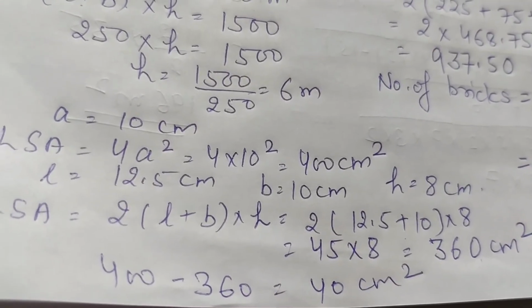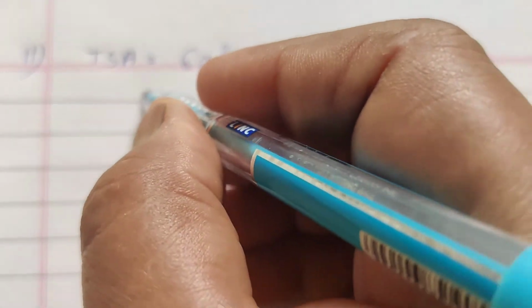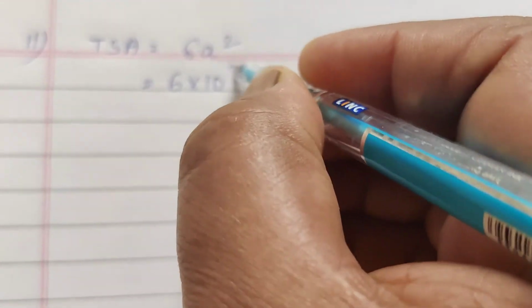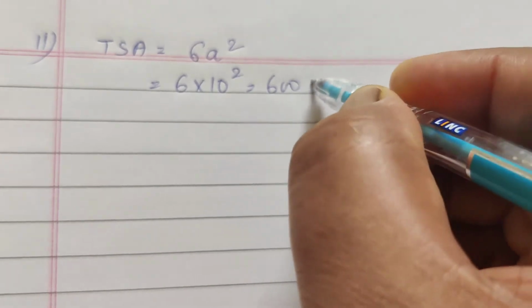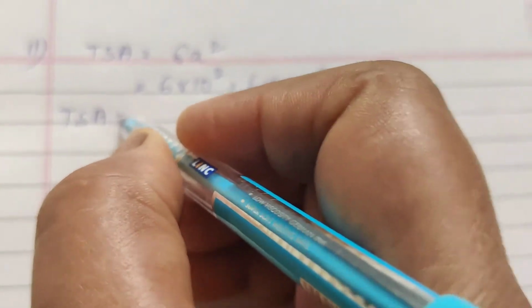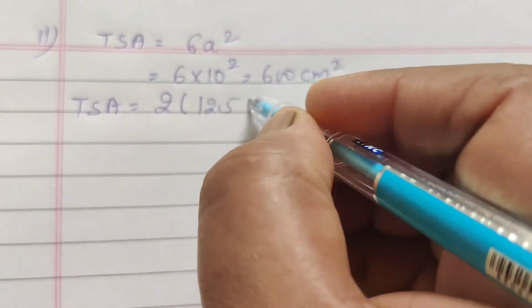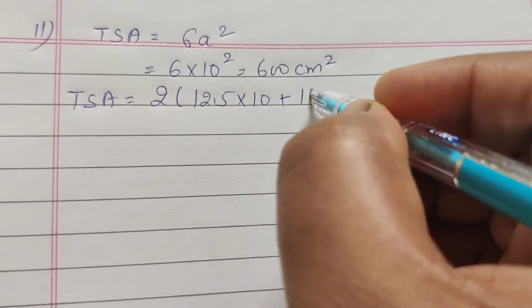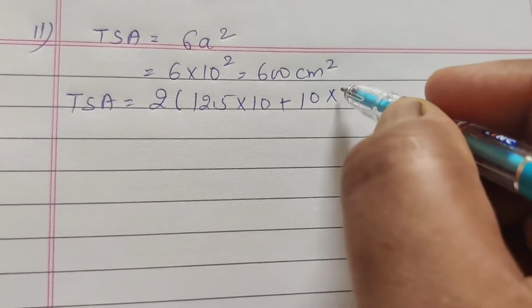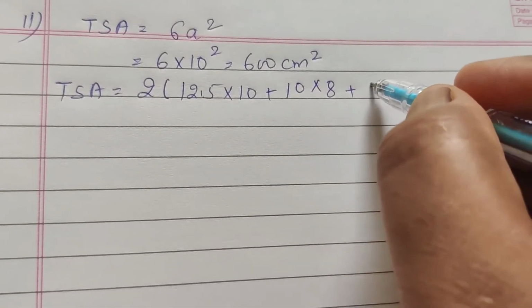Next, total surface area. The TSA of the cube is 6 into side square, 6 into 10 square, means 600 centimeter square. And the TSA of the cuboid is 2 times (LB plus BH plus HL), that is 2 times (12.5 into 10, plus 10 into 8, plus 8 into 12.5).